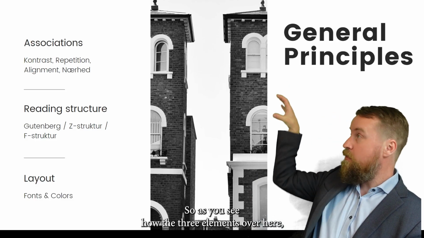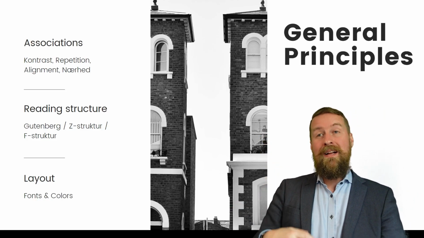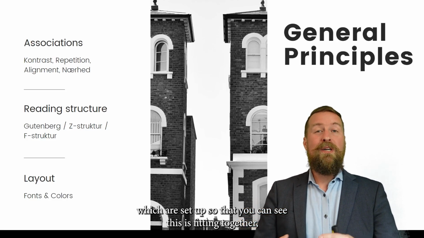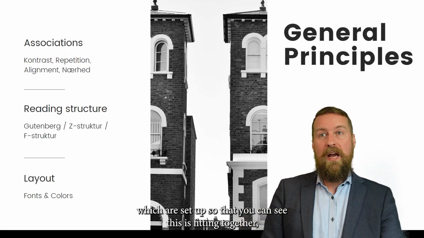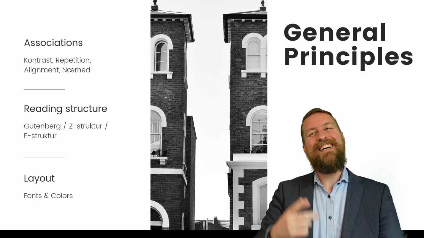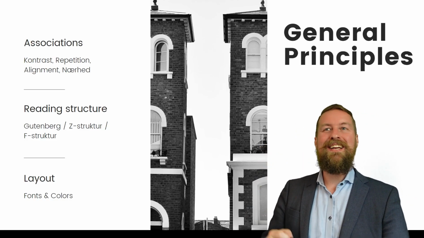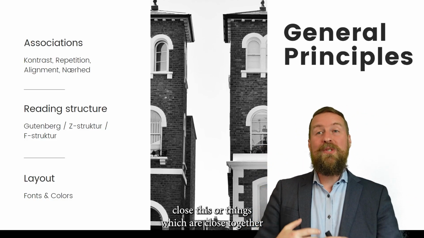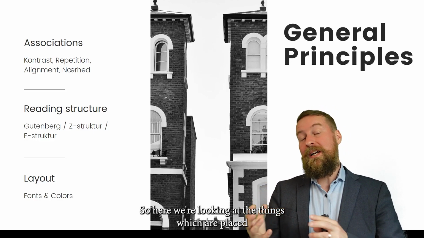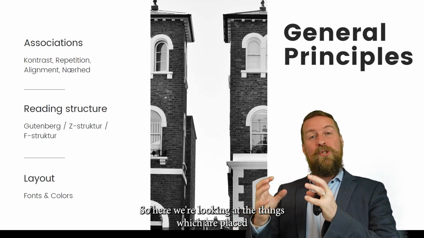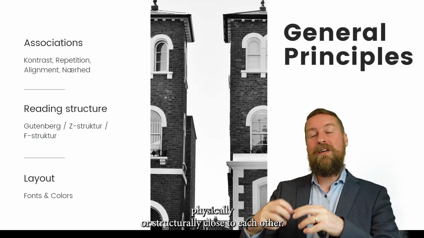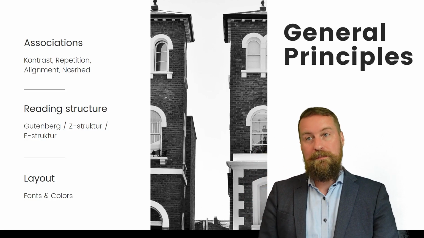As you see, I have the 3 elements over here, and that's 3 repeated element structures which are set up so that you can see this is fitting together. Then, let's scratch that and say closeness: things which are close together are also associated together with each other. So here we're looking at the things which are placed physically or structurally close to each other. Those are the ones that we will be focusing on.